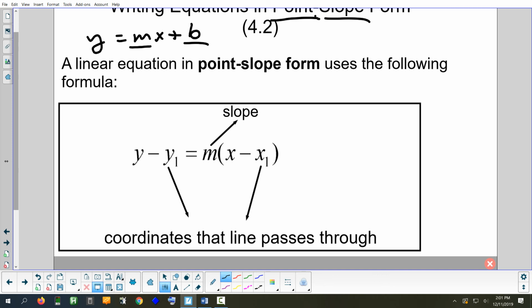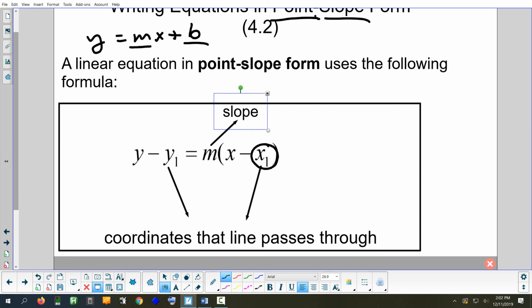So yesterday we did y equals mx plus b for everything. This is pretty much what we're going to use today. Yesterday you had to find a couple things and plug them in. Today, same idea. The things you have to find are what the arrows are pointing to. You have to find the m, which is still the slope.